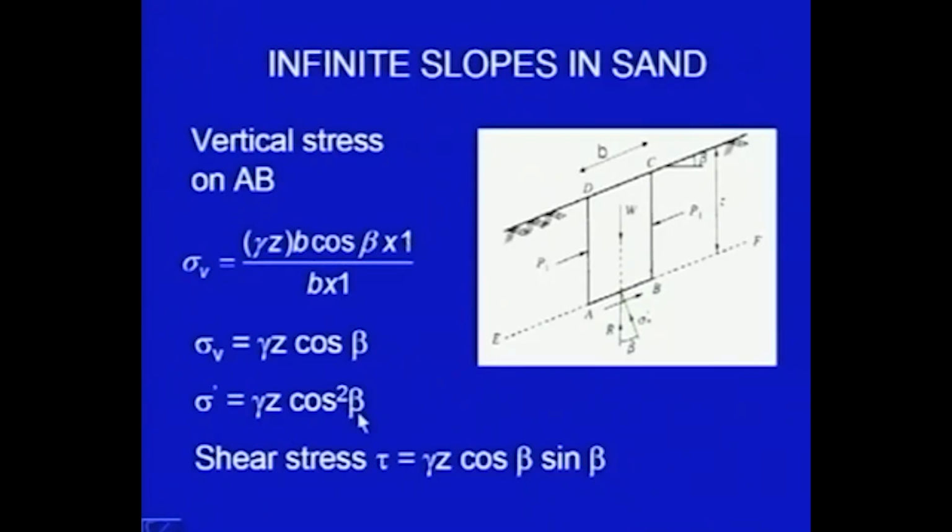This will be the normal component of the vertical stress. Whereas, the tangential component, the component that is trying to create instability, will be along the rupture plane, and it will be equal to gamma Z cos beta into sin beta. So, shearing stress will be equal to gamma Z cos beta sin beta.